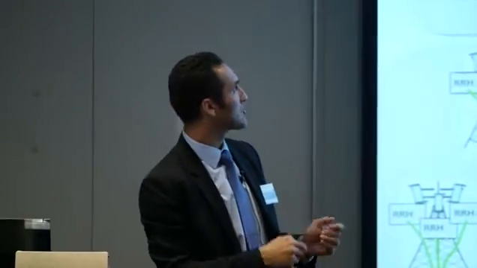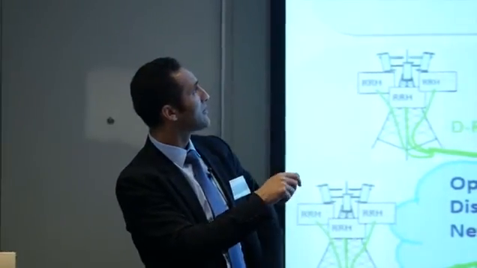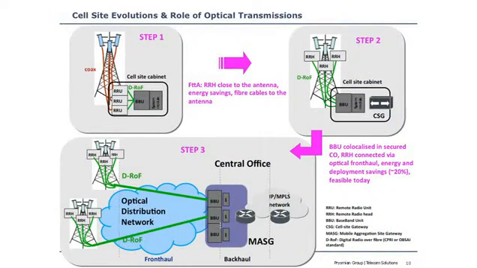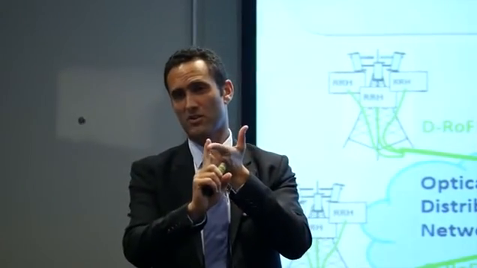And another trend we see, so for sure we are convinced the backhaul, meaning collecting the stations, needs to be fiber. But more and more, the link between the baseband units and the antennas, there used to be coaxial cables, these big feeders, with two functions for the feeders, power and data transmission.